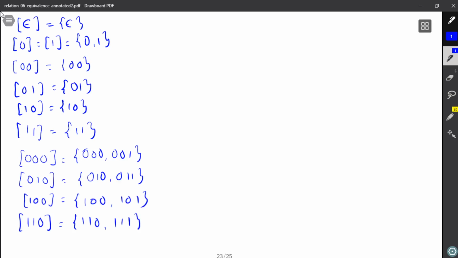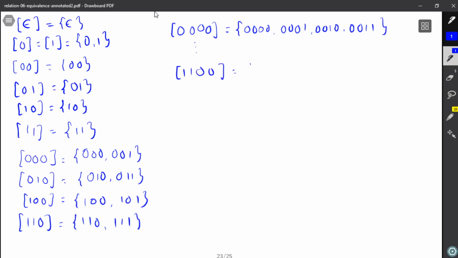Now how about strings of length 4? Well, you do the same thing, right? You just take, for example, the strings with first two bits 00, and this would contain 0000 and 0001, then 01 with 0100 and 0101, similarly up to 11, which gives you 1100, 1101, 1110 and 1111, and so on, right?